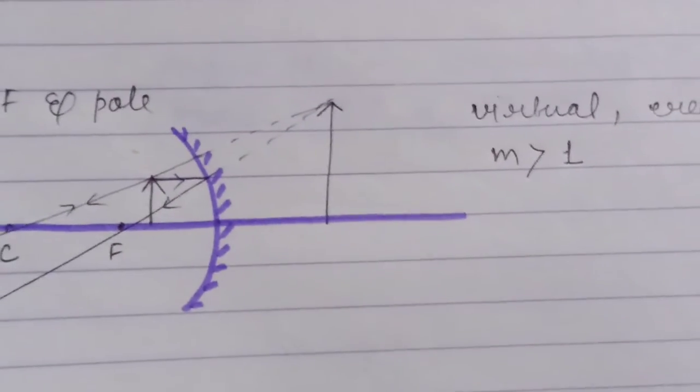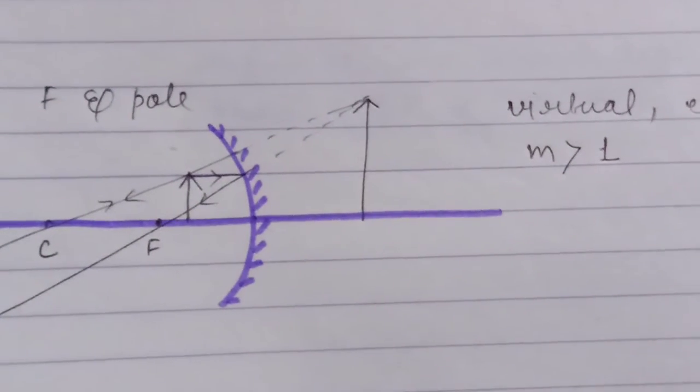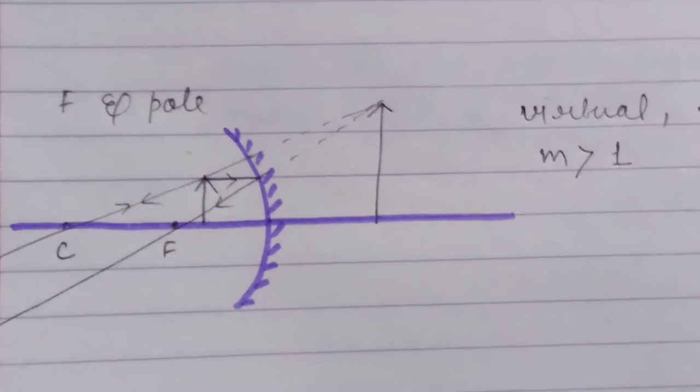These are all six conditions of image formation for a concave mirror.